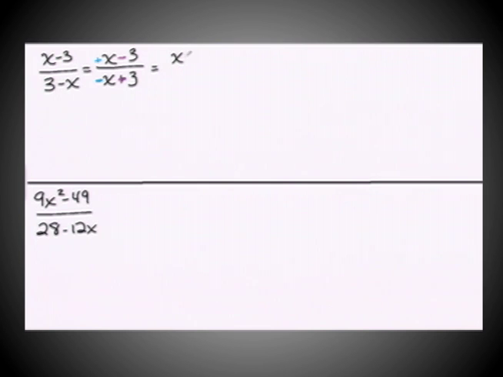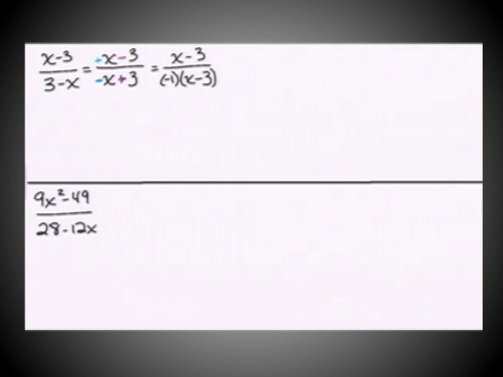So I'm just going to rewrite my numerator, x minus 3, and then I'm going to factor a negative 1 out of the terms in my denominator, and I'm left with positive x minus 3. Sorry about that. Negative divided by a positive is a negative.